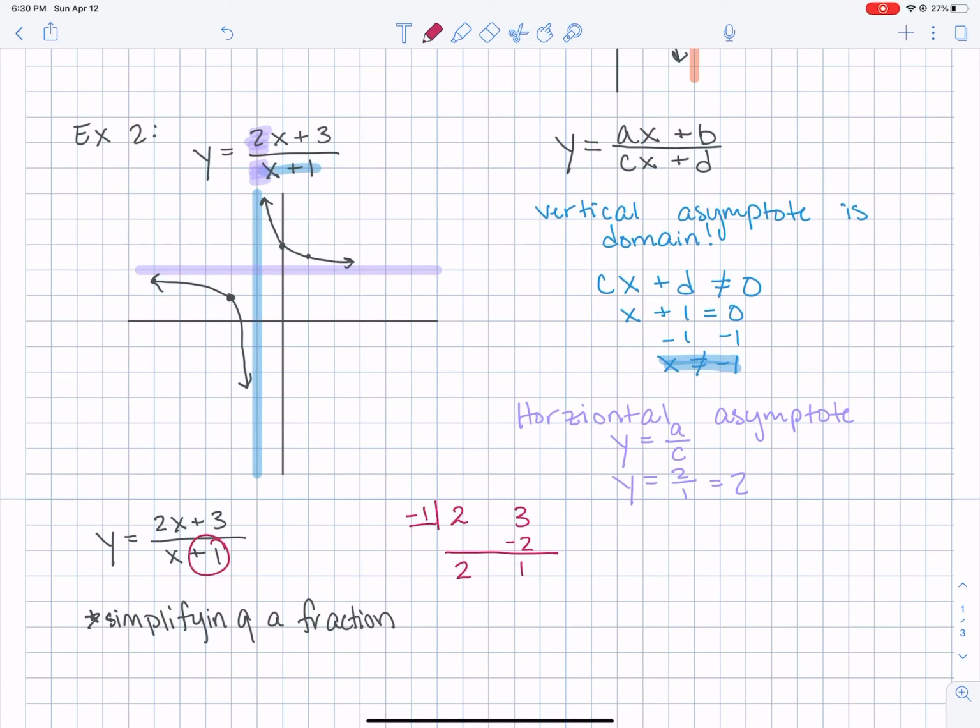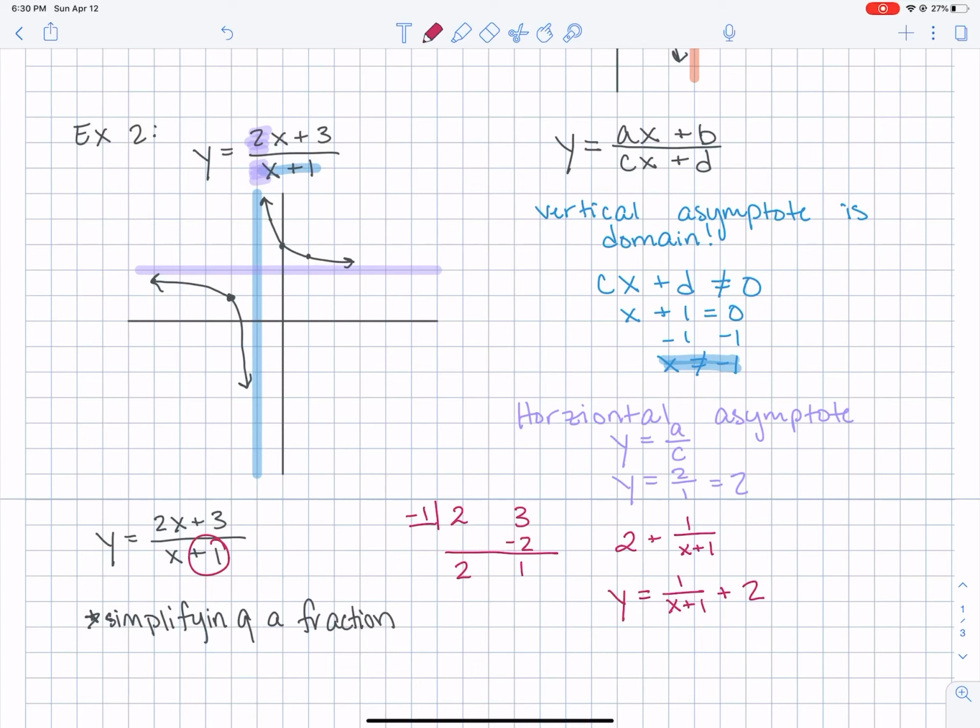And if I wanted to write this as a fraction, I would write it as 2 plus 1 over x plus 1. However, we don't write that. We kind of flip it around the other way. So how we would actually write this one is y is equal to 1 over x plus 1 plus 2.